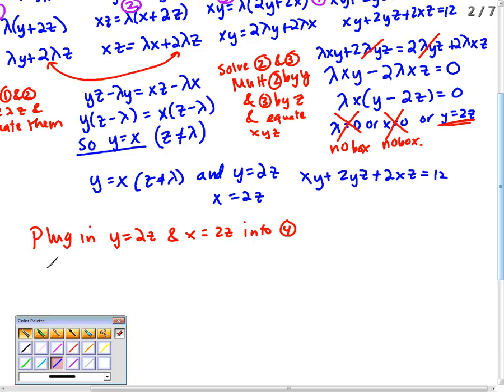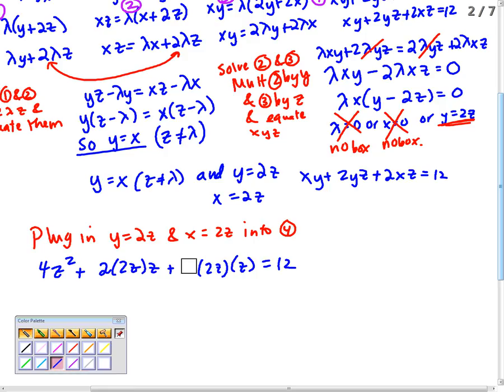Okay, check me. I get 4z squared plus 2 times 2z times z. If I do it in my head, I lose a piece. That's a 2. So it's going to be 12z squared divided by 12, z is plus or minus 1. Hang on, what?